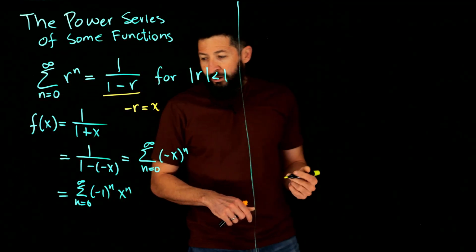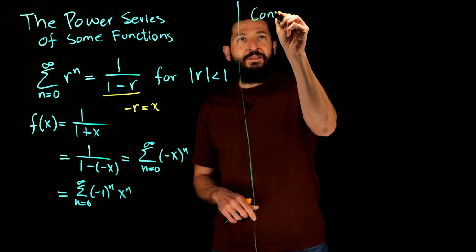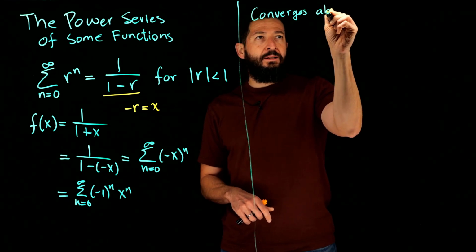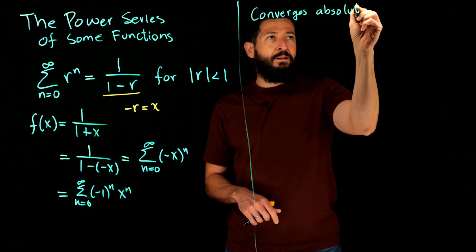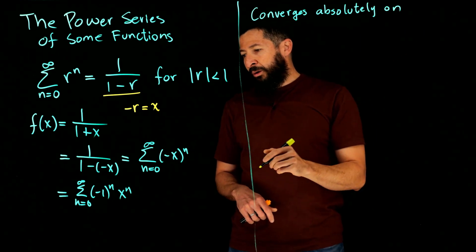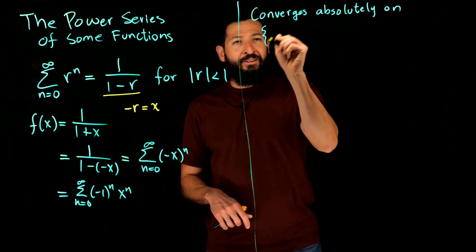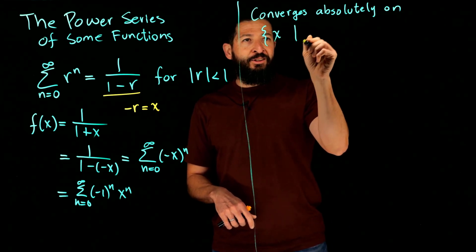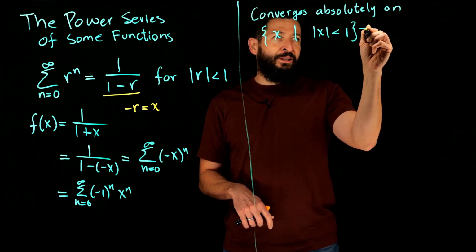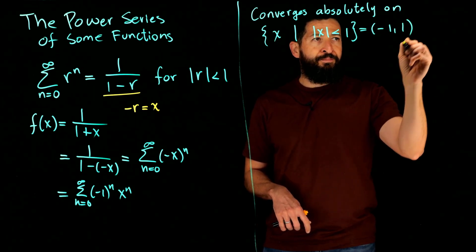Now what we know is that this converges absolutely on the interval, or for, I should have said, all the x's such that the absolute value of x is less than 1, which is also an interval that you are all familiar with, the interval from negative 1 to 1.